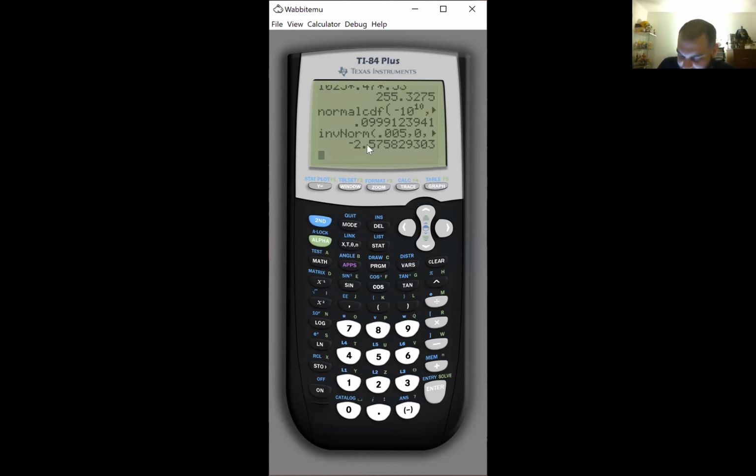So this gives us negative 2.576. Everybody see how to get negative 2.576? All right, so I'm going to transfer back to my notes.